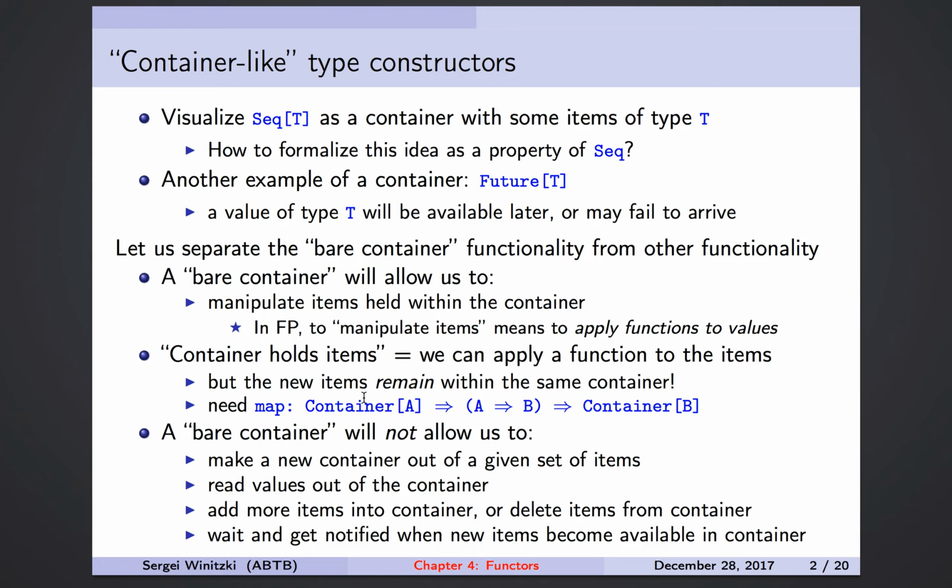You can do a map on a future and transform through a function, and you get a future of B, which means that a value will be available of type A in the future, and once it is available, you will transform it through this transformation and you will get a value of type B also in the future. So this is the common pattern between sequence and future. It's a pattern that allows us to transform data while keeping that data within the same container.